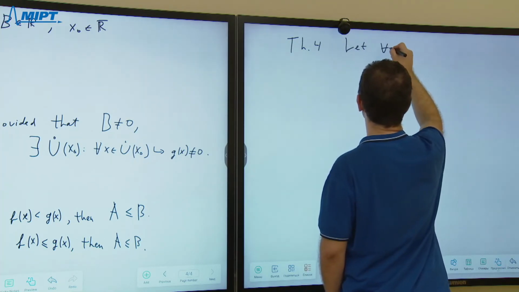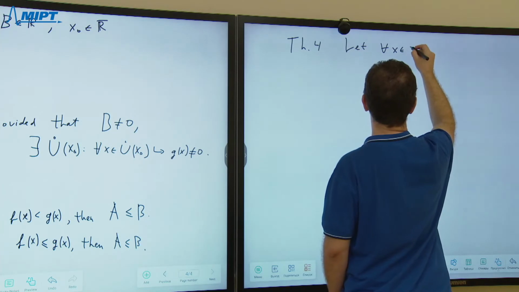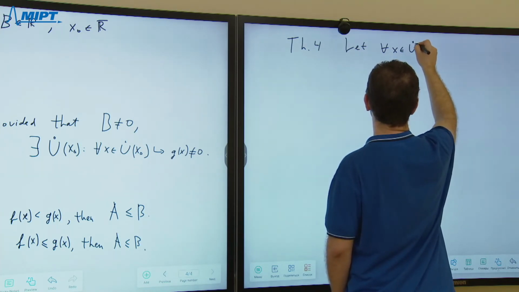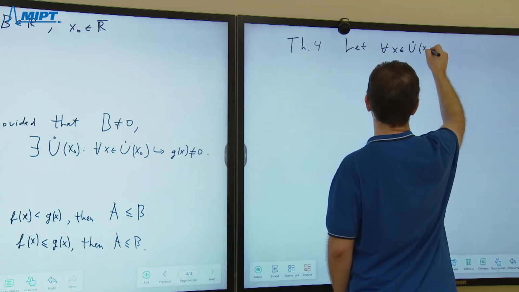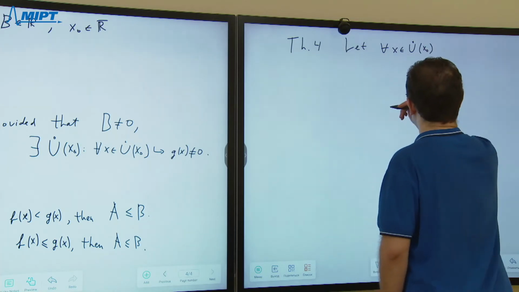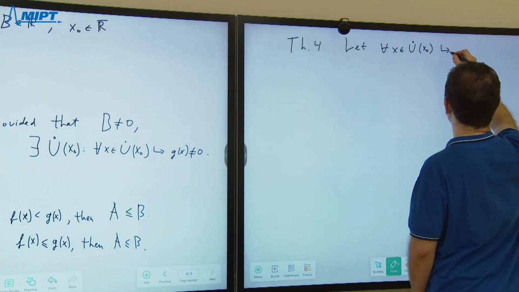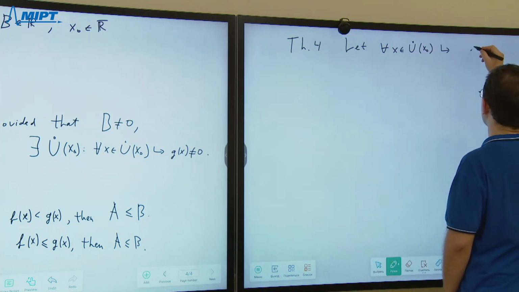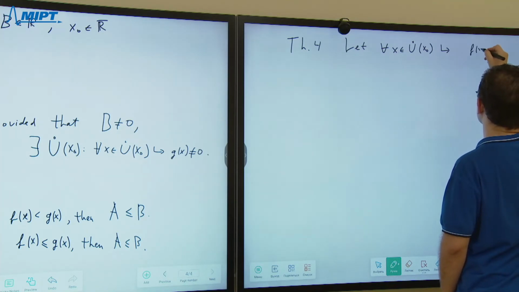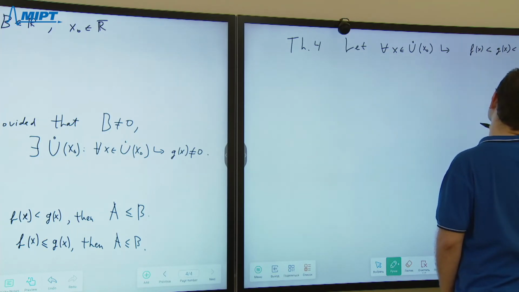Let for any x from some deleted neighborhood of x0 f of x be actually less or equal to g of x, less or equal to h of x.